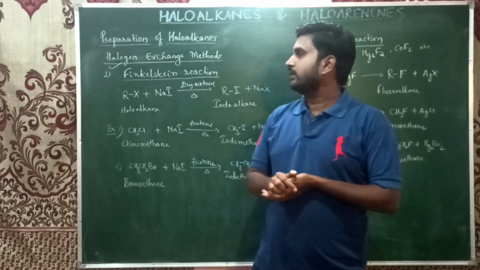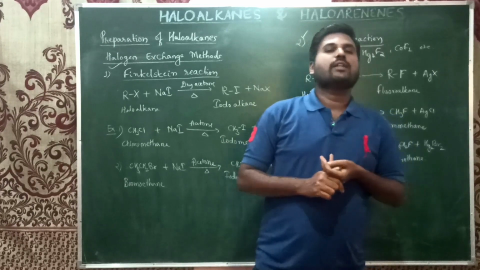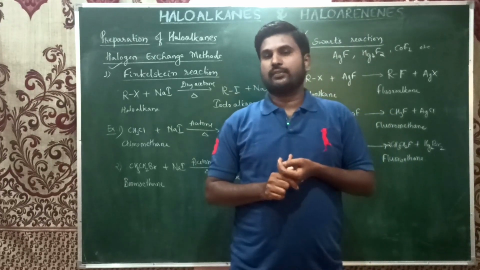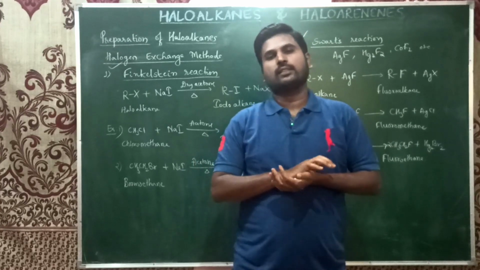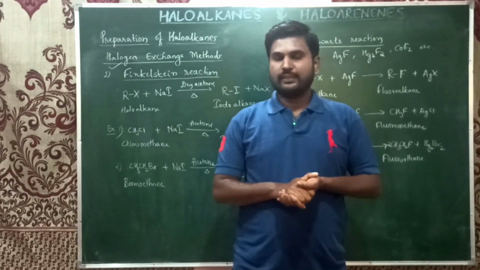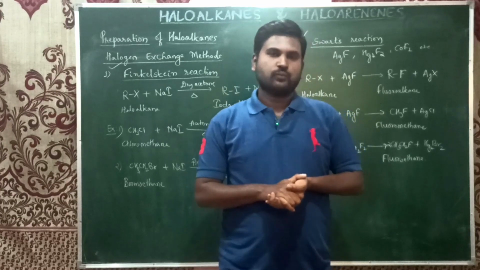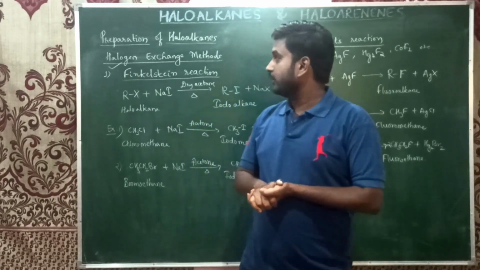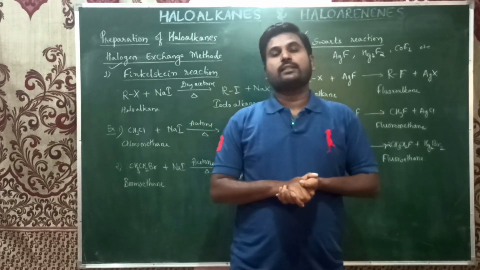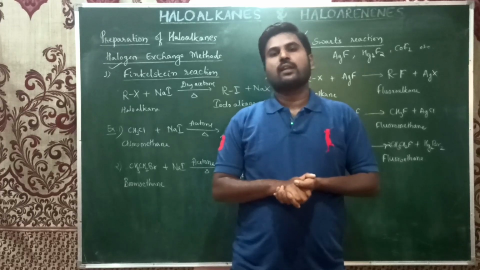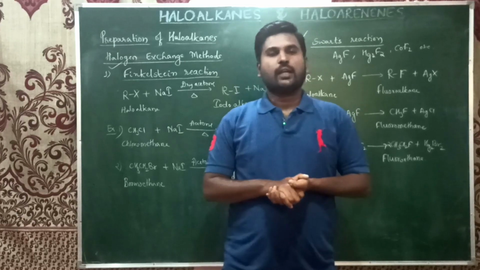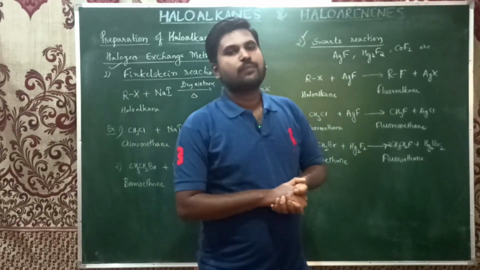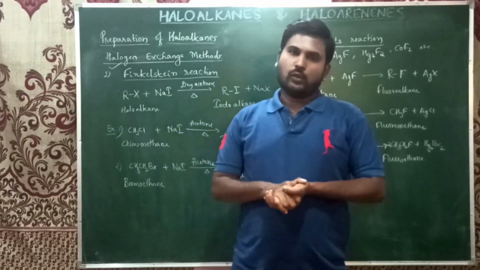The next one is the preparation of haloalkanes from hydrocarbons, that was there in the first year syllabus. Here also we have seen it from alkanes and also alkenes. And the last one, which is very important, is the halogen exchange method, where we can convert chloro and bromoalkanes into iodides and fluorides. Okay, this is about the preparation of haloalkanes.